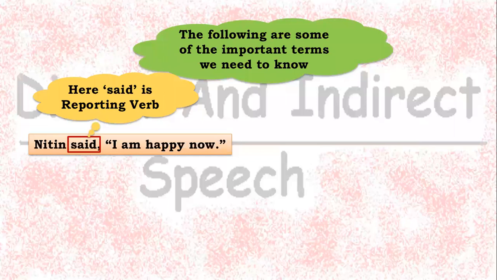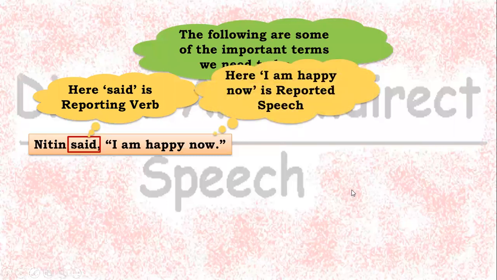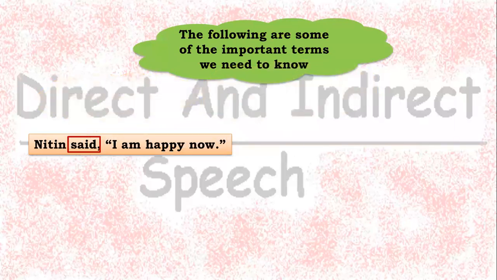It is said. Said is the reporting verb here. On the other hand, if we take a look at the inside, that is inside the inverted commas, the entire sentence is known as the reported speech, and am is the andar ka verb or reported verb. So in this manner, we have learned that we have bahar ka verb, that is said, and andar ka verb, that is am.